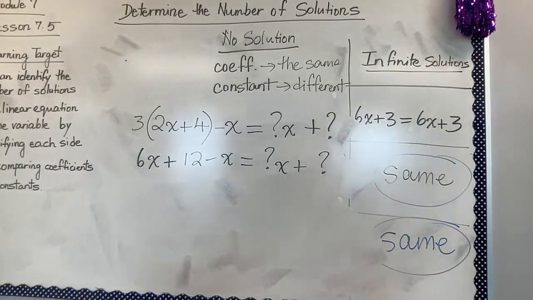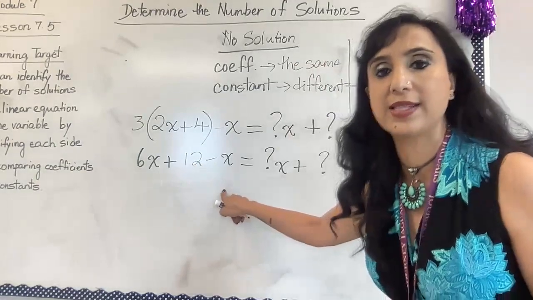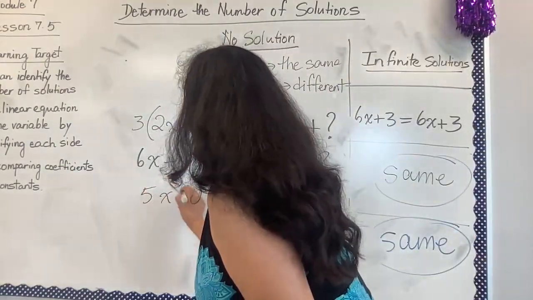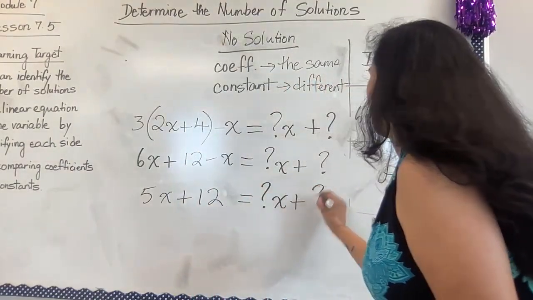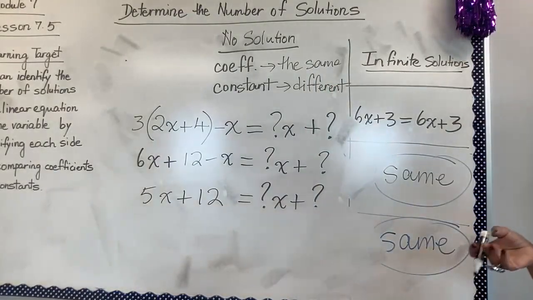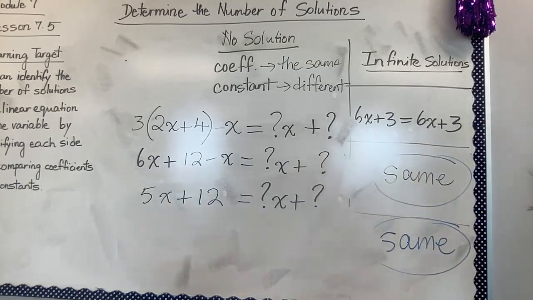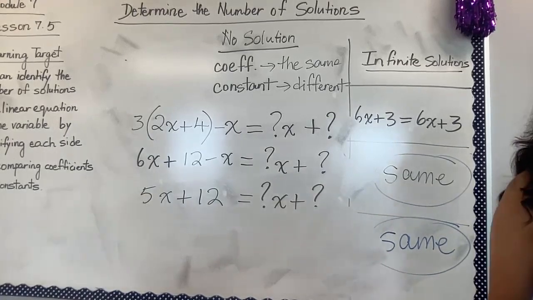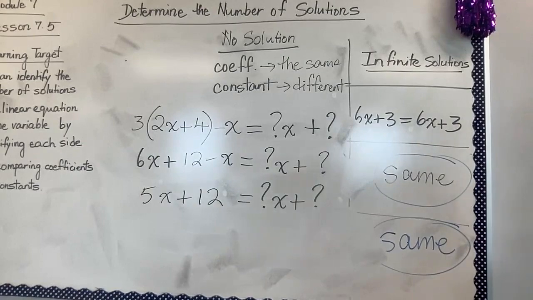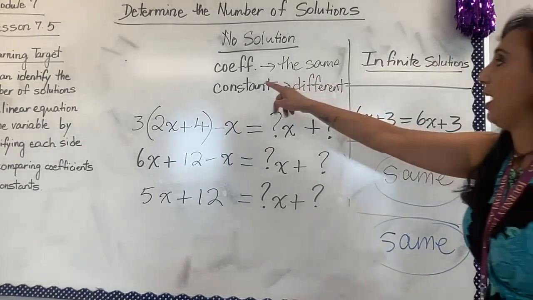Okay, so we are now going to combine the like terms, and I know that 6x minus 1x gives me 5x plus 12 is equal to what coefficient plus what constant, because we're trying to make an equation that has no solution. So 5x plus 12 is equal to, we can have the same coefficient.